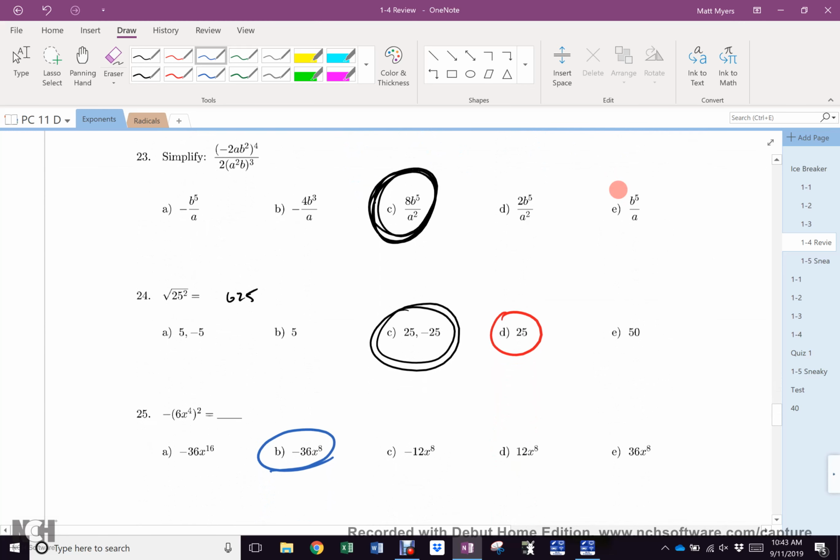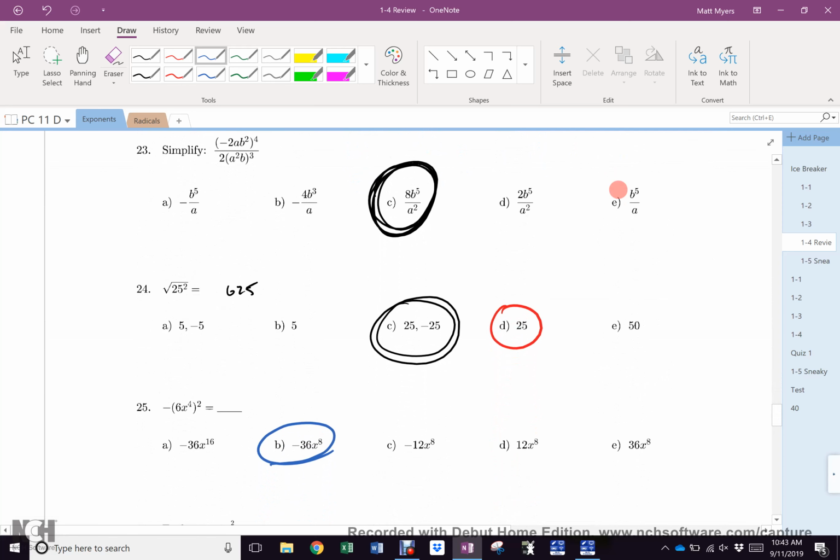23, 24, 25. Wait, what's 24? I'm getting to 24. I'll talk about it in a sec. The answer to this question is D. But the answer to this question is C. Does everybody know why?